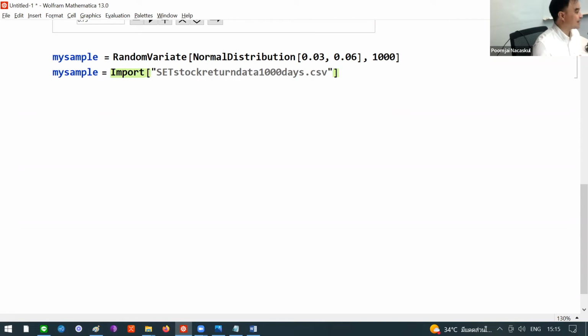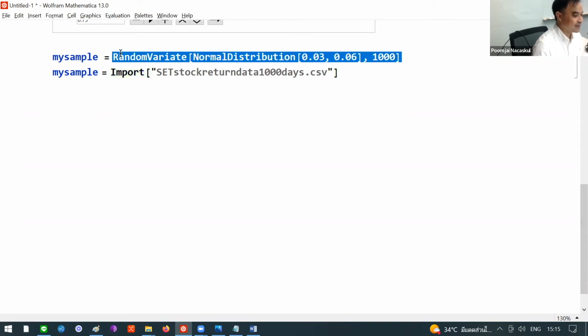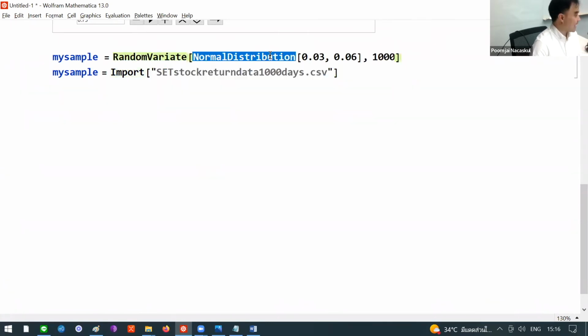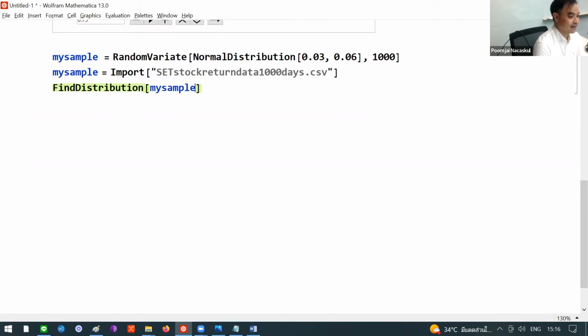So in real life, this is what you would do. So I just now generated this to make it look like something we can play with, but in reality, you are not going to generate your data. You're going to get it. The point is, if this thing in a way is generated from that, when you do find distribution, my sample, you should get something like this back.